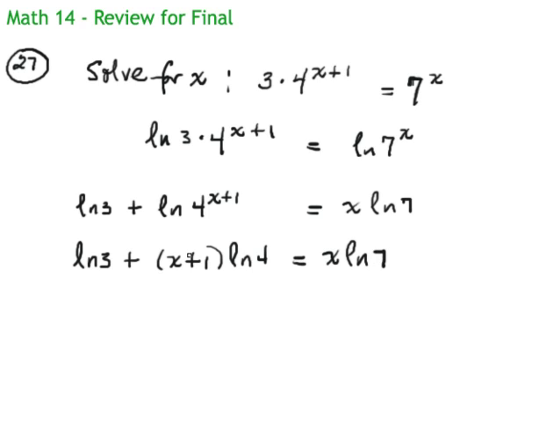Now keep in mind we want to solve for x, so we should open up the parentheses, multiplying through by ln 4. So ln 3 plus x ln 4 plus ln 4 is equal to x ln 7.